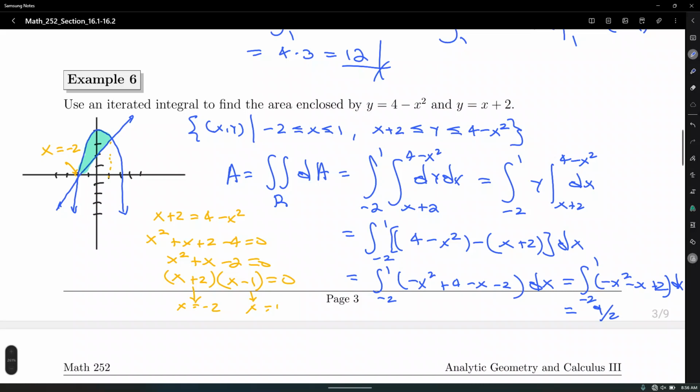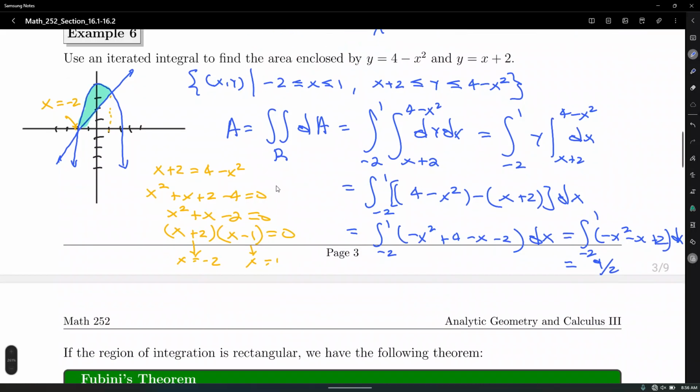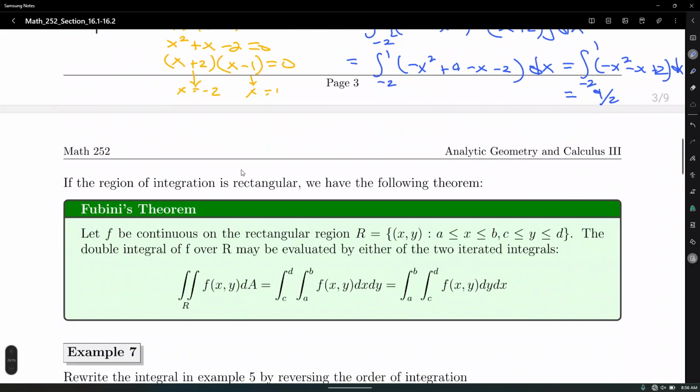Let's have a look at a very important theorem that we may be using a lot. The next theorem is about rectangular regions. How do we know our region is rectangular? That's when we have this kind of domain where both x and y limits are constant.